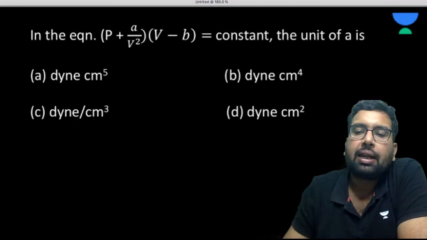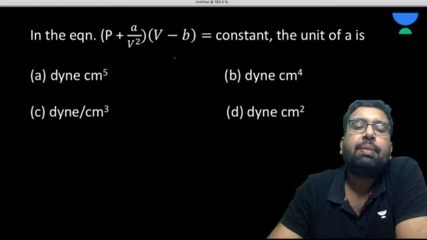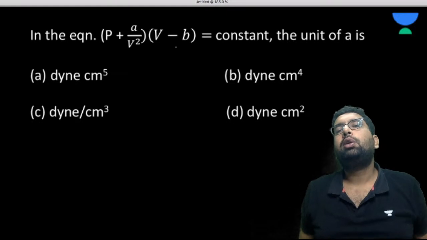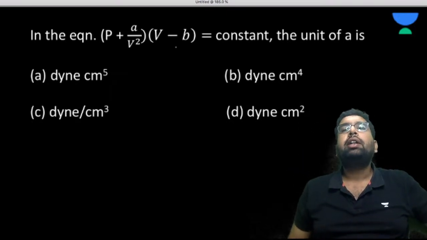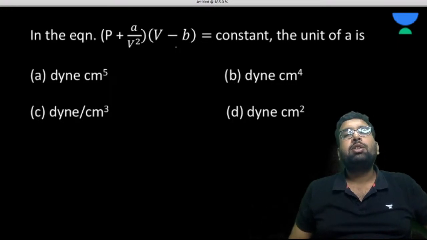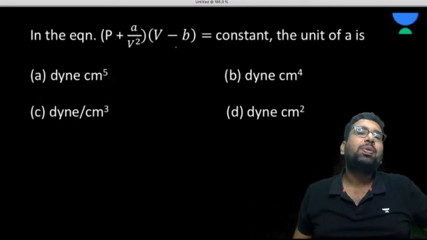Now, please understand this. See, P plus A by V square, V minus B. So we understand that two things which are getting added or subtracted must have the same dimension. Otherwise, how can they be added or subtracted?